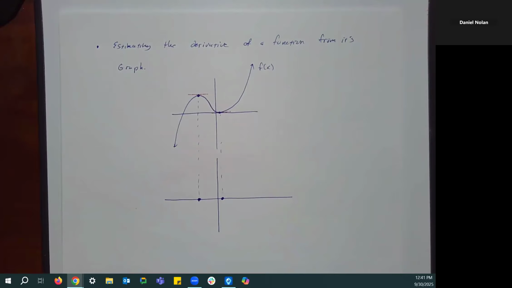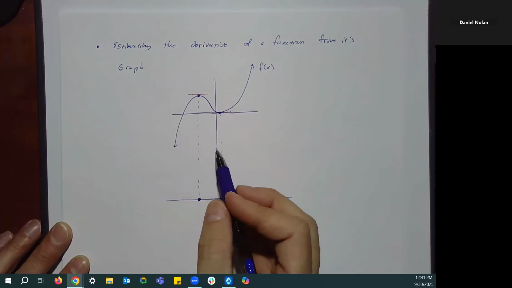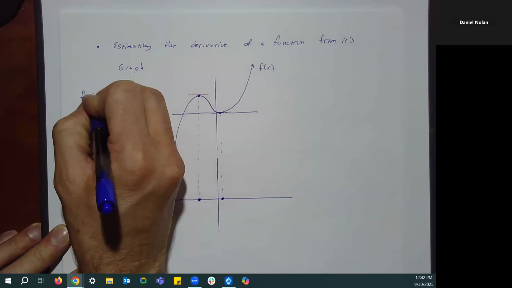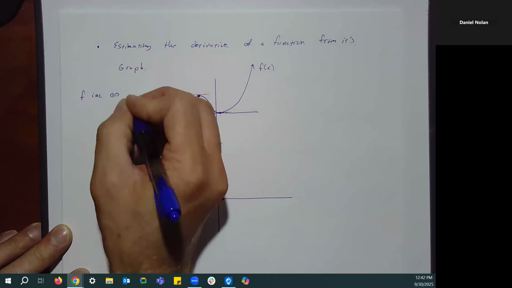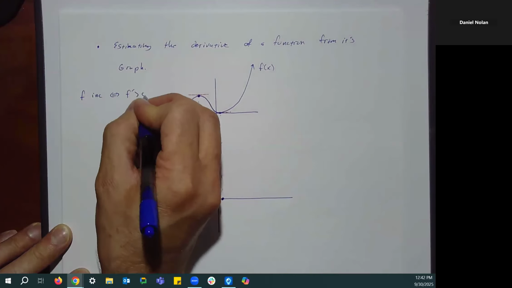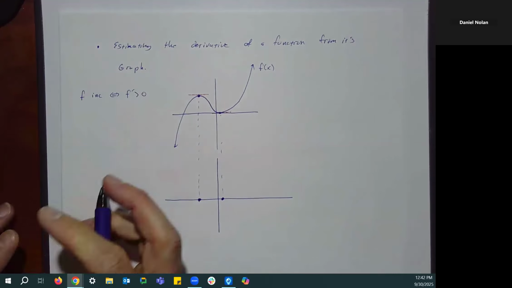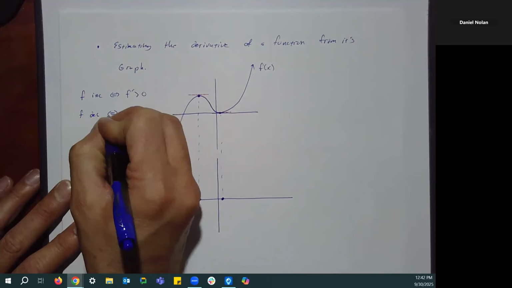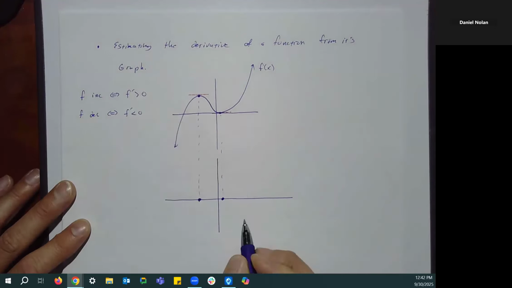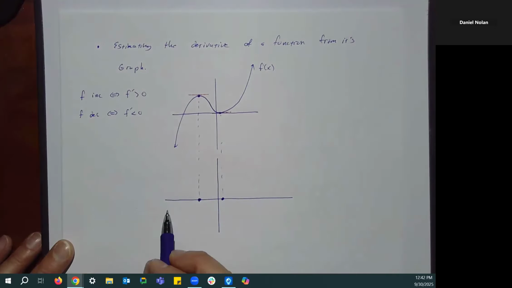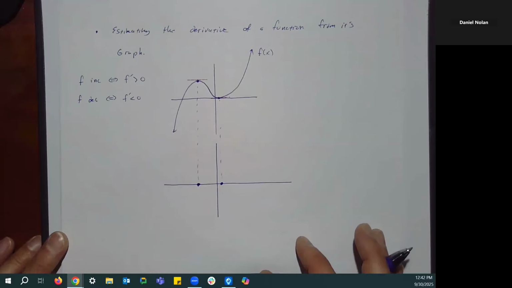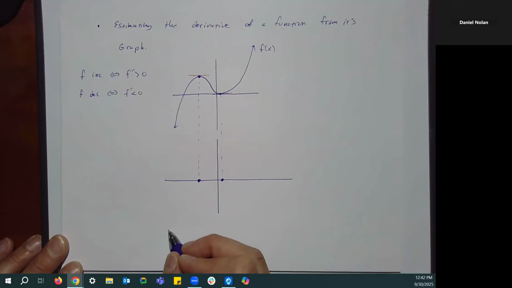Since the function is increasing, that's equivalent to the first derivative being positive. Similarly, if the function is decreasing, the first derivative should be negative.